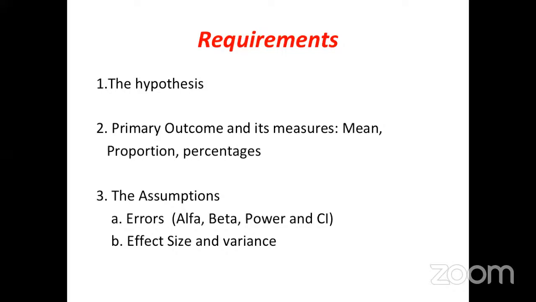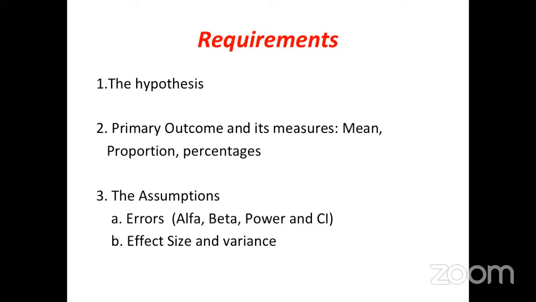Effect size is the minimum difference that you are trying to study between the 2 groups. So let us say you are using buprenorphine intrathecally. You assume that your hypothesis is buprenorphine can prolong analgesia when compared to placebo or when compared to control. So you explain the primary outcome measure as duration of analgesia, and you decide to measure that in terms of mean and standard deviation.